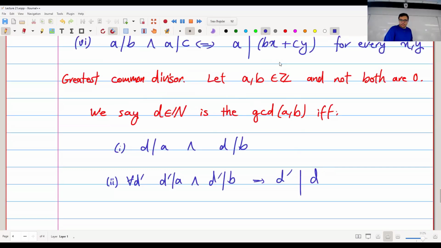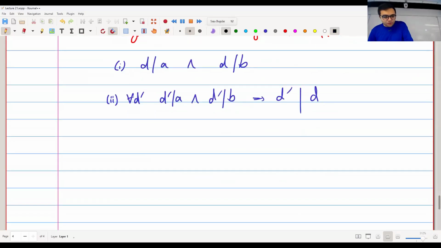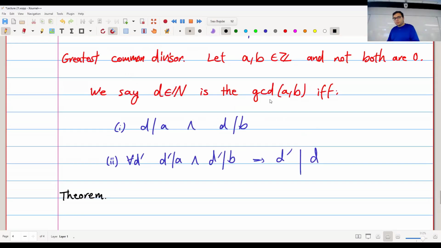Great. So this is the next theorem that I want to prove. And this next theorem is actually going to do something amazing. It's going to show not only the greatest common divisor exists, but it's going to give us kind of a formula for how it looks.